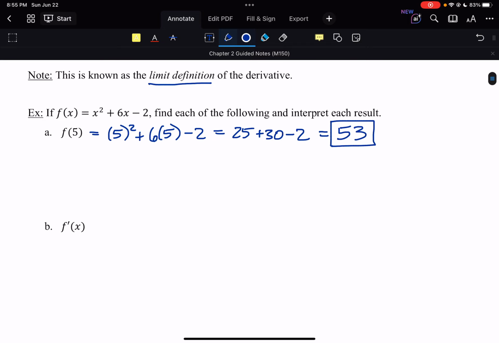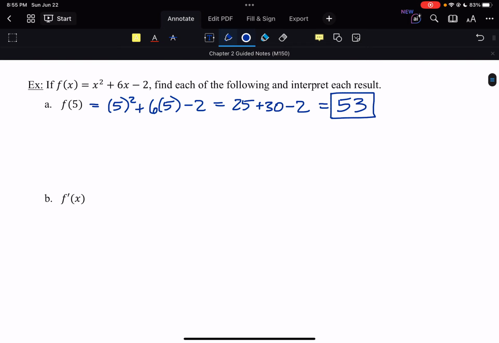Now it asks us for f prime of x. So it wants the general formula for the derivative of this function. So we're going to find that by taking the limit as h approaches 0 of f of x plus h. So that means when we go through this function, instead of an x, we're going to have an x plus h here, and here, and here.